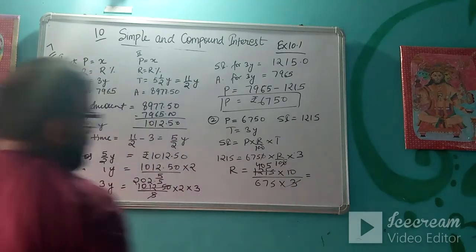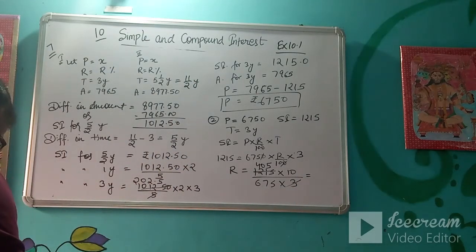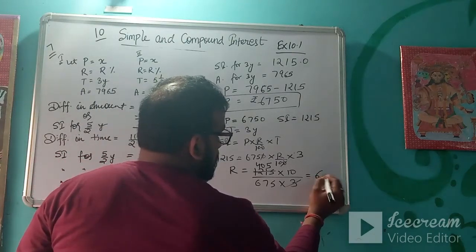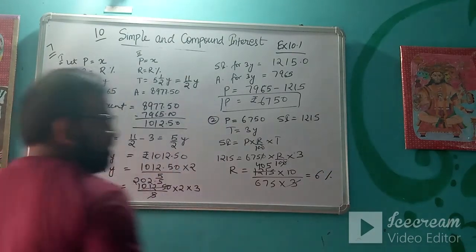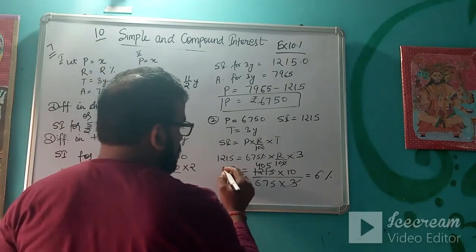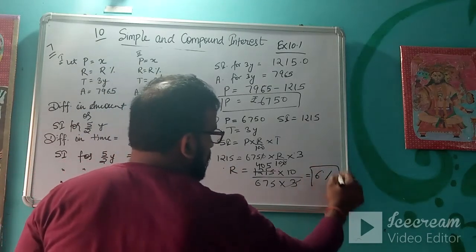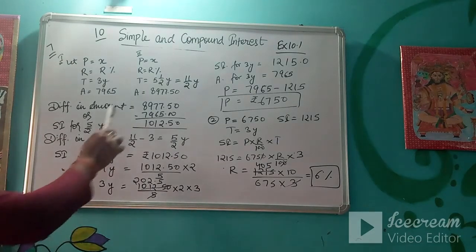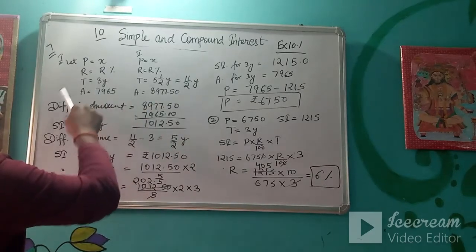And after solving it, we get the value as 6%. Okay, so this is my rate of interest. So first we have calculated the difference between these two amounts.